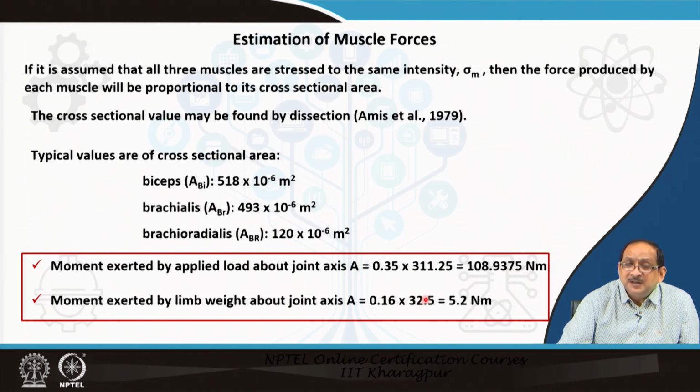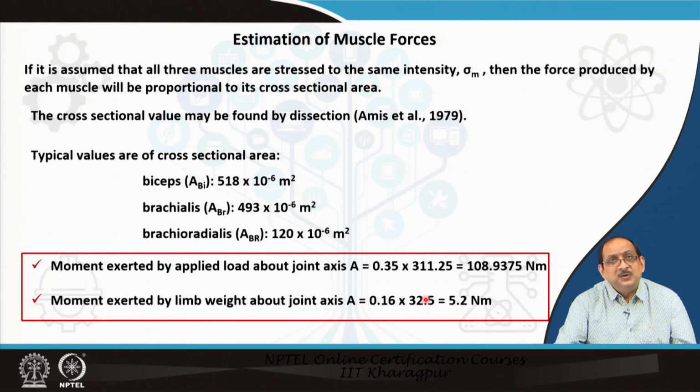Now, the moment exerted by the limb weight is also considered as an external moment. So, the limb weight is assumed to be 32.5 Newton, and it is acting through the center of gravity of the limb. So, we get a moment value of 5.2 Newton meters.